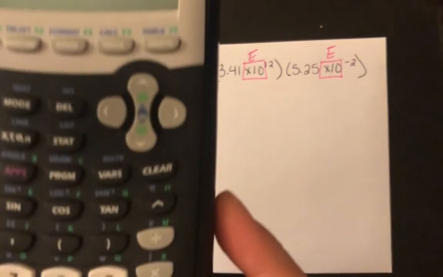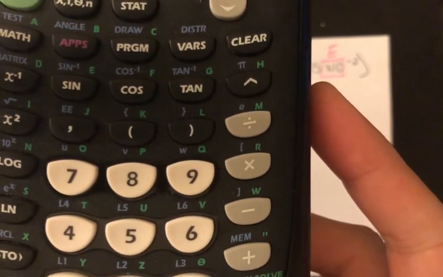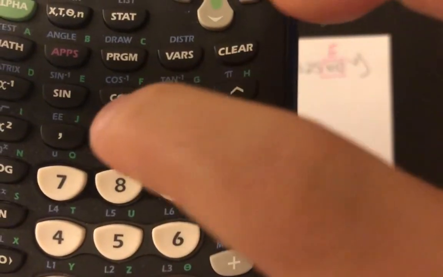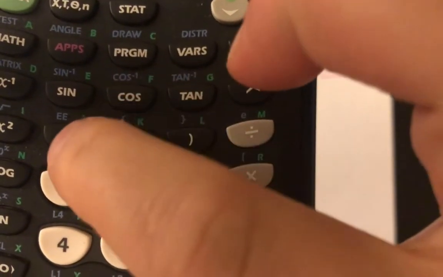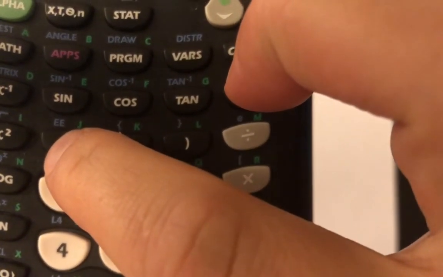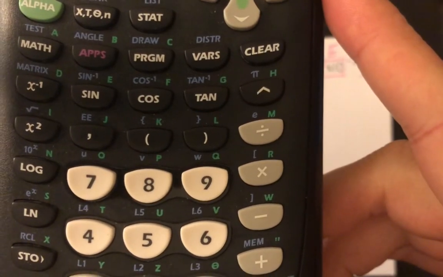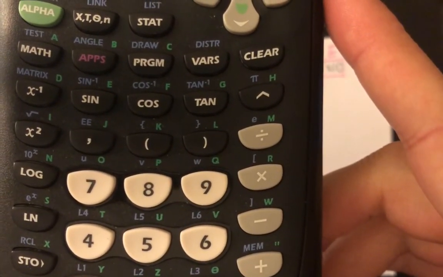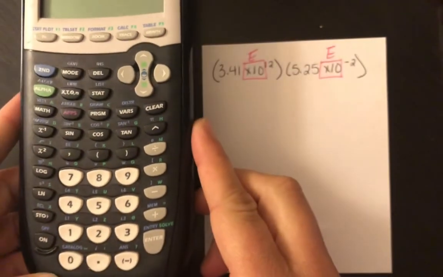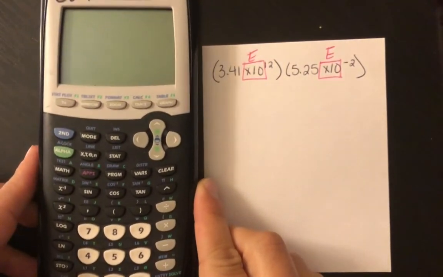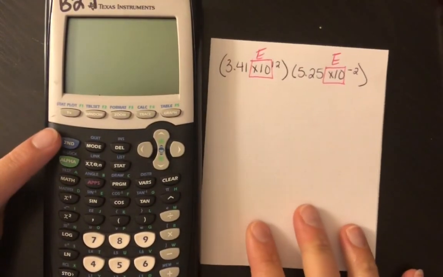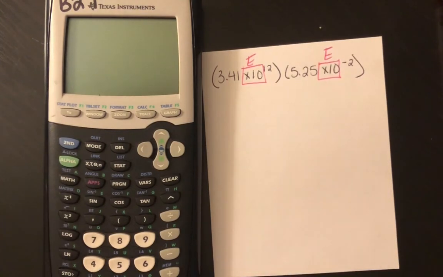I'm using a TI-84 Plus. You'll notice on the TI-84 Plus there is a green E, but then there's this blue double E. We want to use the blue double E, the one that's above the comma button. That's the engineering exponent button. In order to use it, I need to hit second. So let's plug this into my calculator to perform the operation.